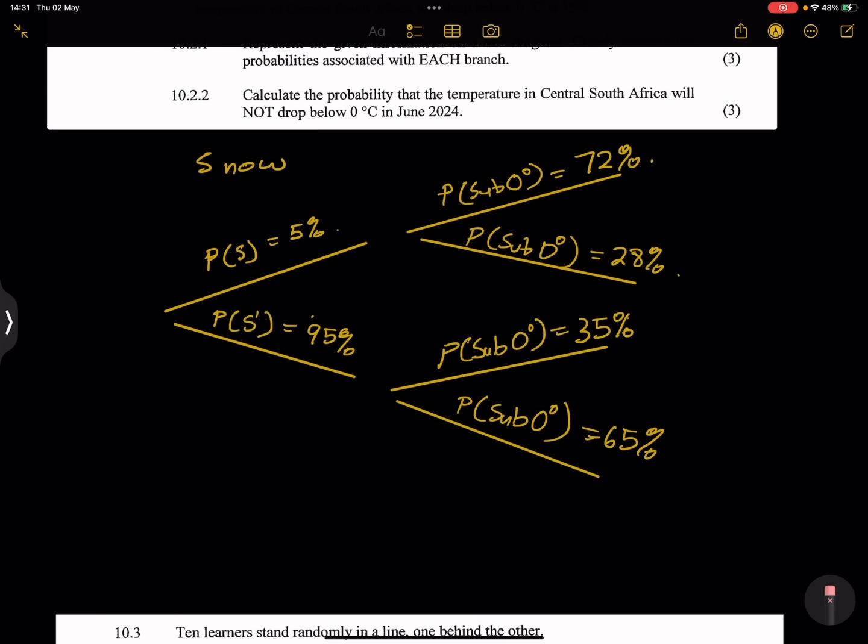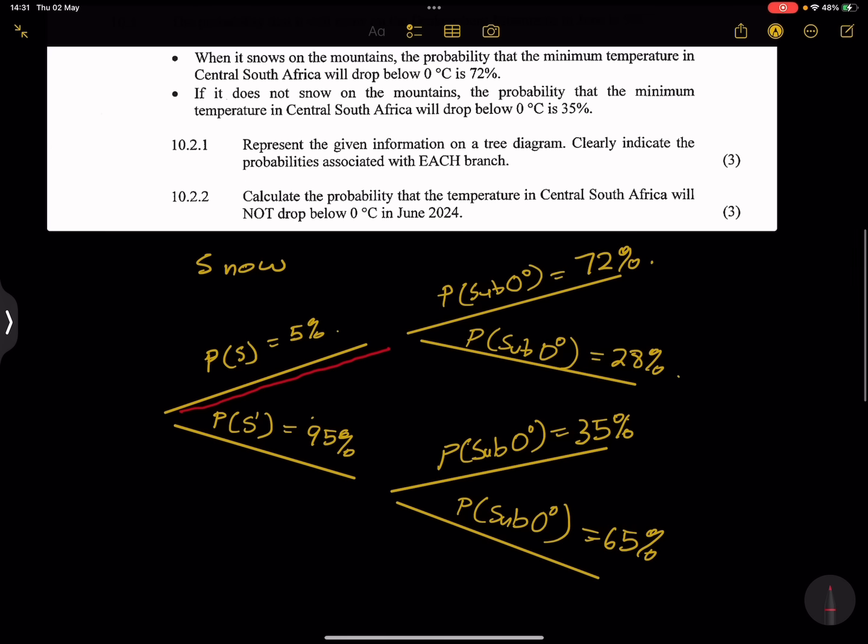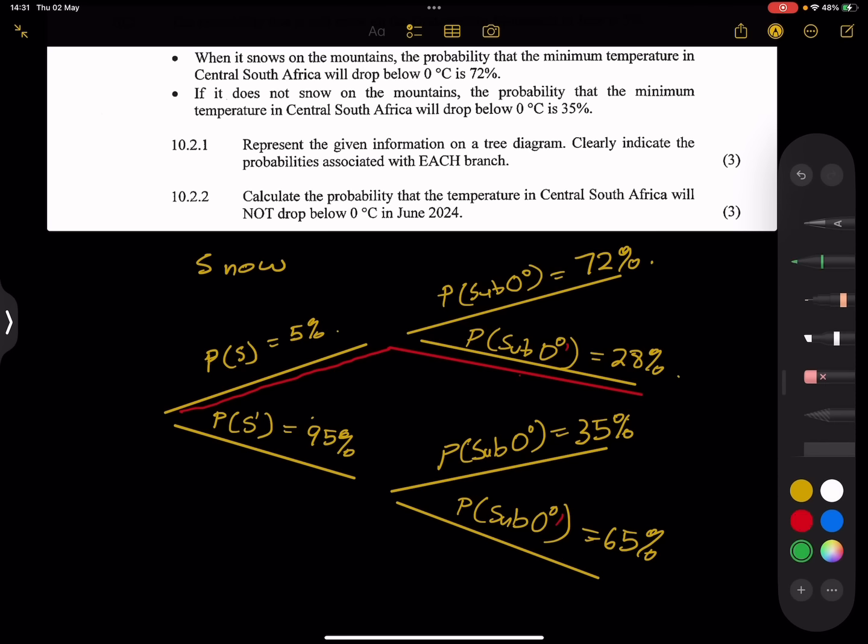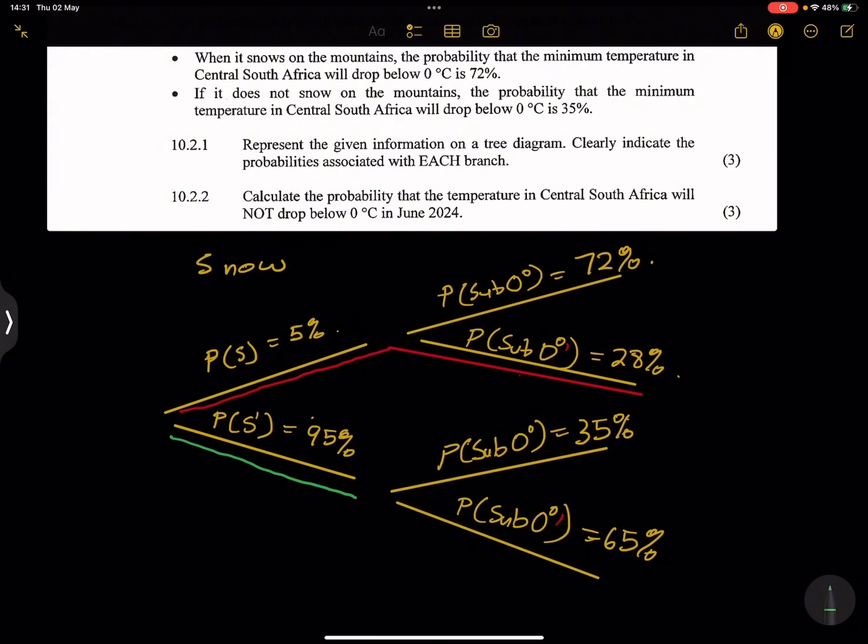Firstly, if it does snow, what are the possibilities that it will not drop below? So it will be that one there. Sorry, I was supposed to say P prime there, just to show that this is not sub-0. But also, if it does not snow, there's the probability that we will drop to sub-0.